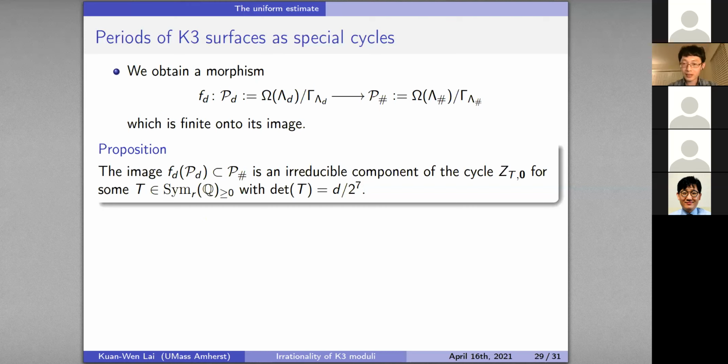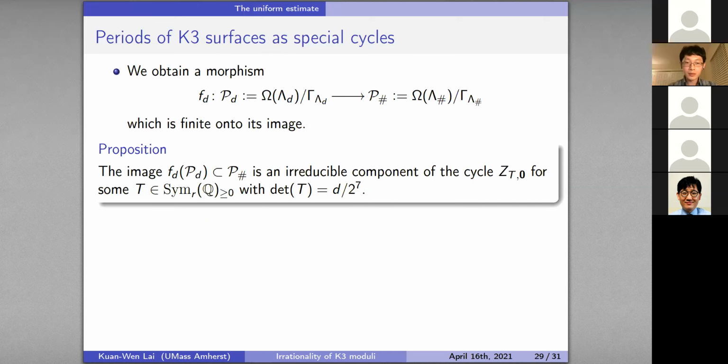Notice that the cycle is Z(T, 0), with a 0 there, because the larger lattice Lambda sharp is unimodular. It's three copies of E8 summed with two copies of the hyperbolic lattice U. So its discriminant group is trivial, and there's only a 0 element there. That's why we have a 0 there.